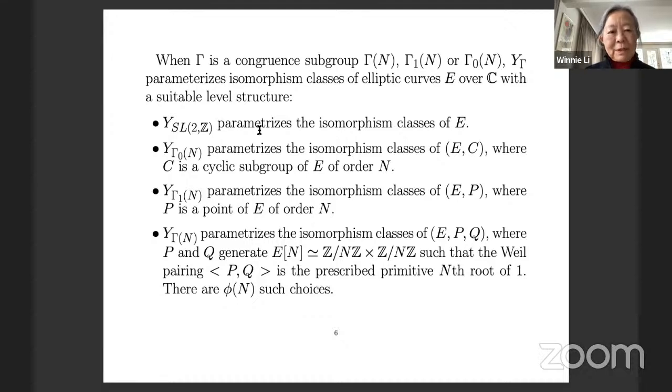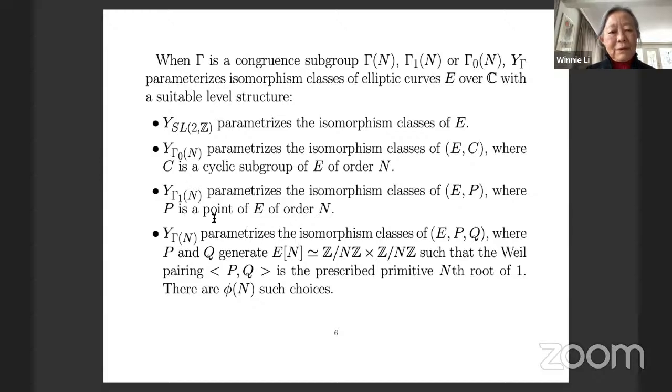For example, if we look at just Y of SL2(Z), then it parameterizes the isomorphism classes of such elliptic curves. And Y of gamma naught of n parameterizes the elliptic curves together with a cyclic subgroup of order n.